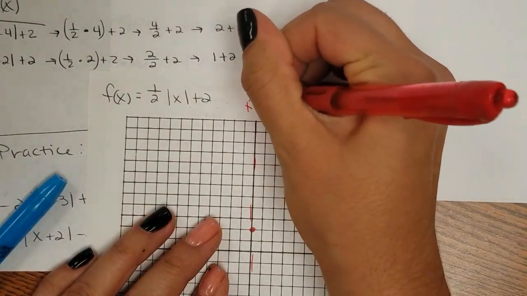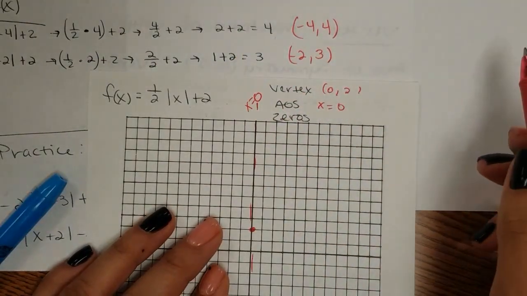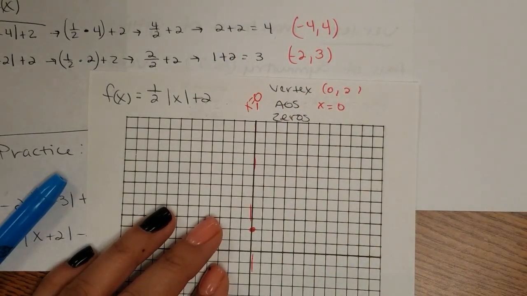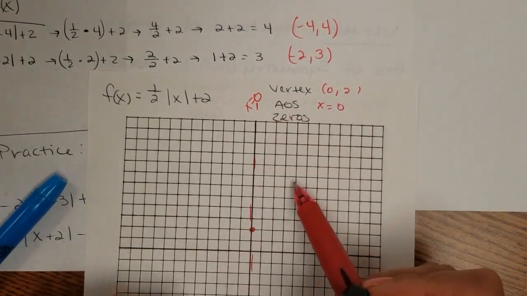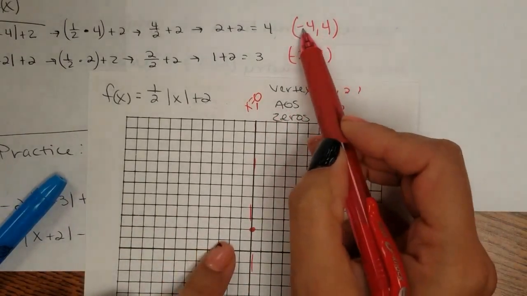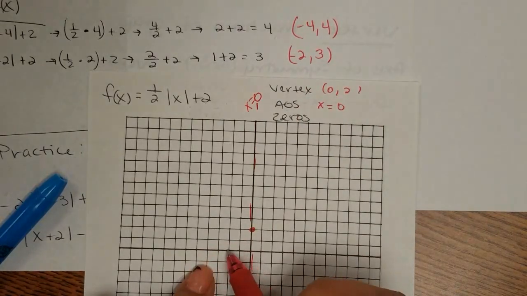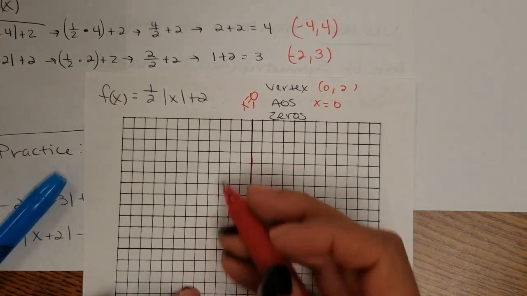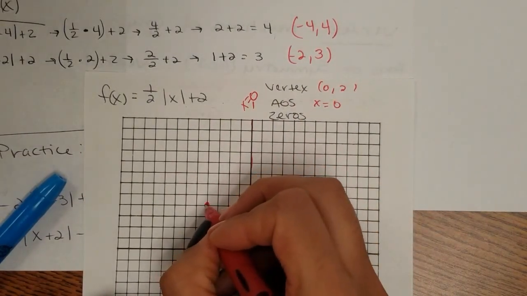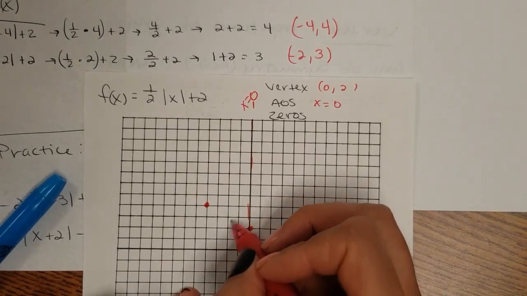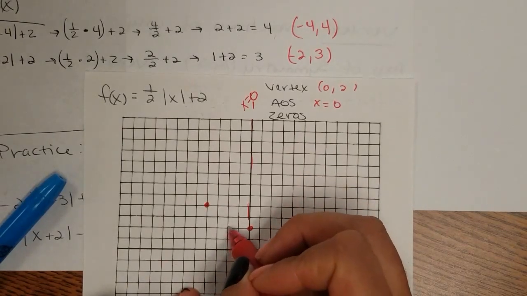Okay, that's the line x equals 0. Oh, I forgot to do zeros. Okay, so then we plot our points. We have (-4, 4), 1, 2, 3, 4, 1, 2, 3, 4, and (-2, 3), 1, 2, 1, 2, 3.